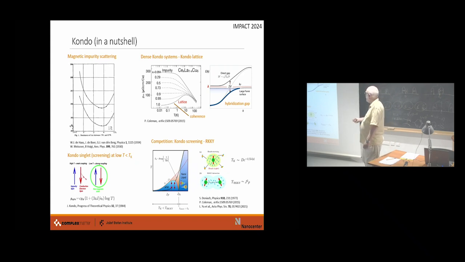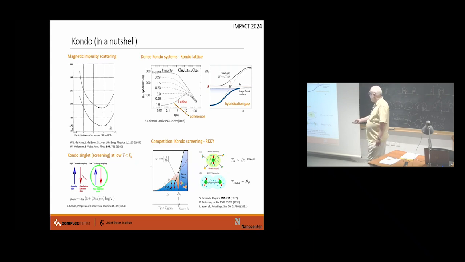However, there is another interaction which competes with Kondo screening, the RKKY interaction, which prefers an ordered magnetic state. As it was found by Doniach in '77, the Kondo interaction, which is characterized by a single parameter, the Kondo temperature, depends exponentially on J and rho, while RKKY depends on them as a power law.